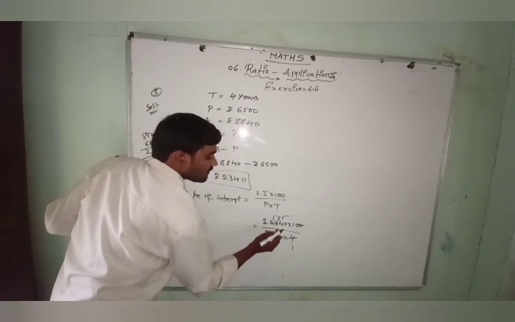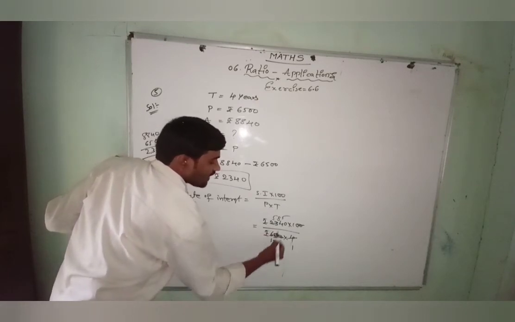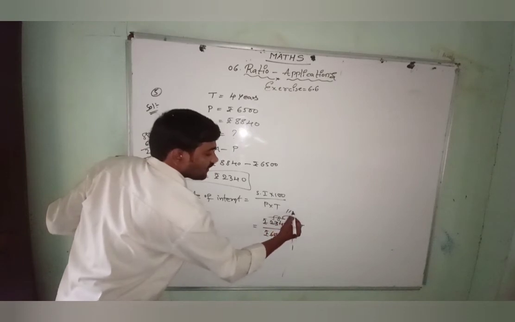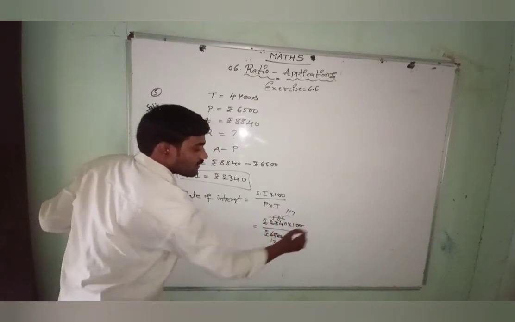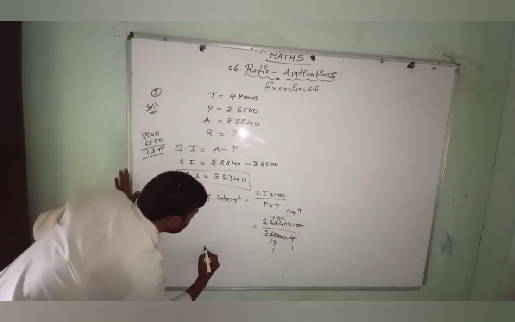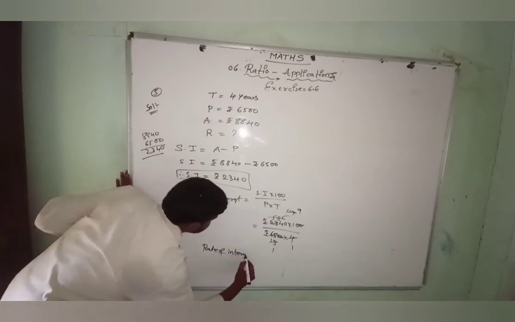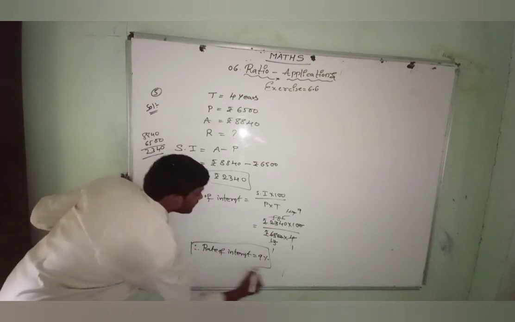Cancelling by the 5 table: 5 1s are 5, 5 3s are 15, 5 7s are 35, 13 1s are 13, 9. So the rate of interest equals 9%. Therefore the rate of interest will be 9%.